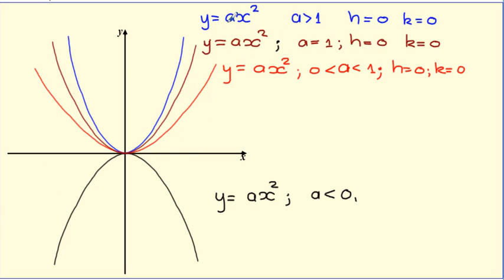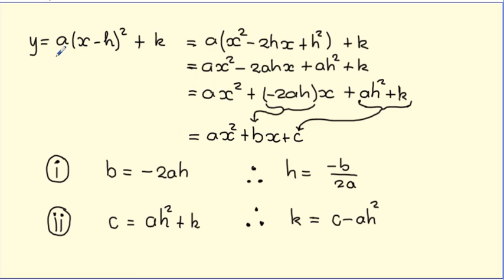What we've seen now is what happens when a is greater than 1 and h is 0. We've also seen what happens if a is between 0 and 1. And we've also seen what happens if a is a negative number, then we get this cup-down situation. So in general, when we look at the equation of the quadratic function like this, we need to be able to decode all the messages which are given to us by the parameters like a, h, and k.